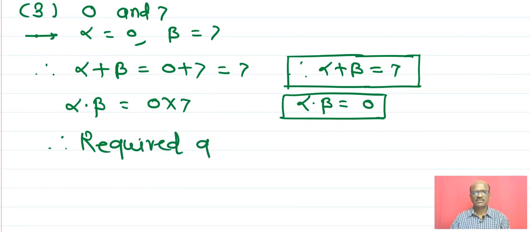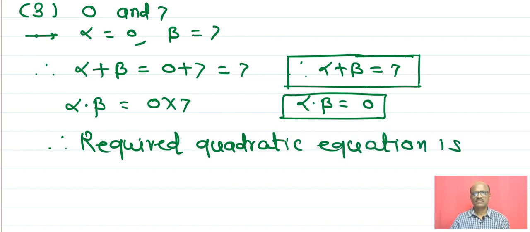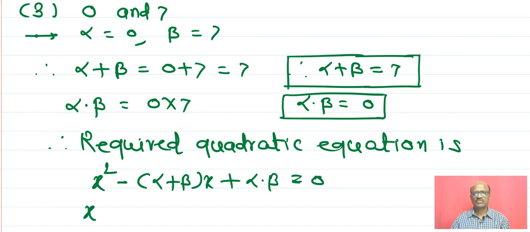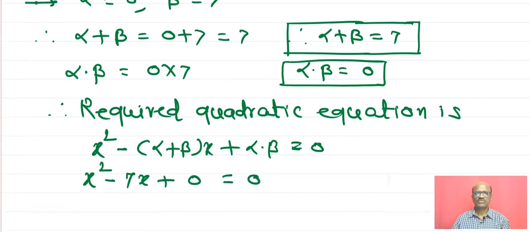Therefore, the required quadratic equation is x square minus in bracket alpha plus beta into x plus alpha into beta equals to 0, and that's why x square minus 7x plus 0 equals to 0.